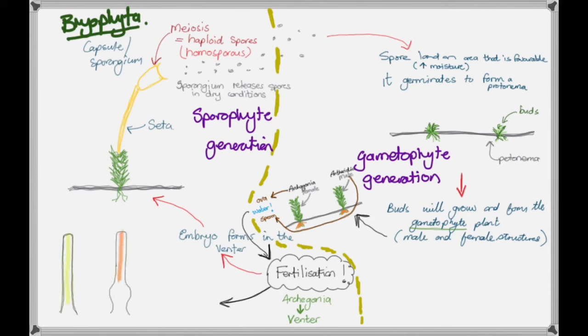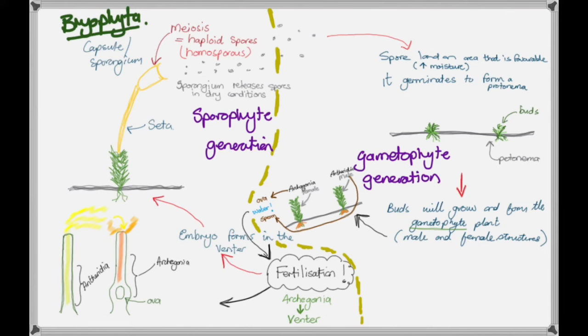I'm going to look a little bit now at the reproduction and fertilization specifically, and I've drawn the antheridia and the archegonia here, and in the archegonia, I've pointed out the ova for us. Now the ova is within the archegonia, and our sperm that has been released by the antheridia needs to make its way all the way to the ova, and the way that it does that is that it is going to swim, and this is where water as a medium is so important.